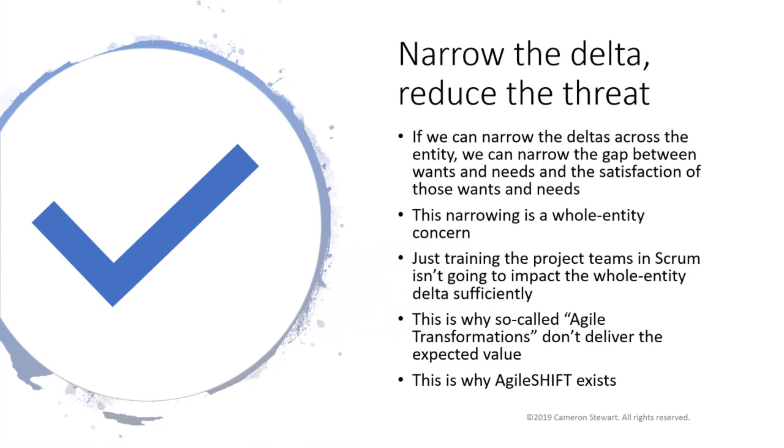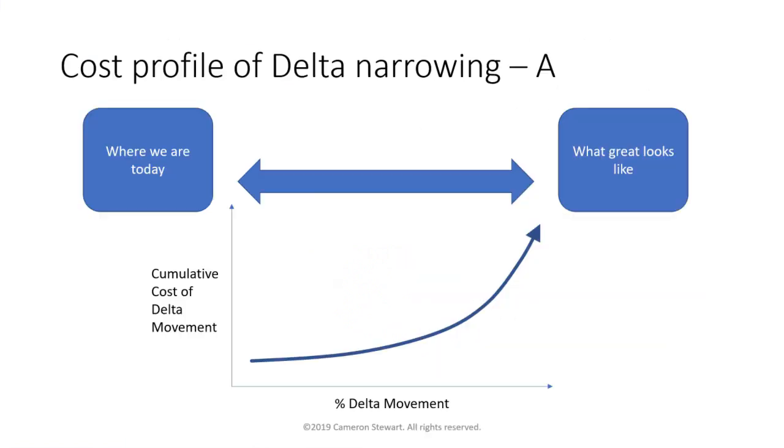Let's now move on and look at the cost of narrowing the delta. Here's an example of a gap, of a delta. This might be a process, it might be a tool, it might be the education that we offer to an individual. We can see that the movement from where we are today to what great looks like has a cost.